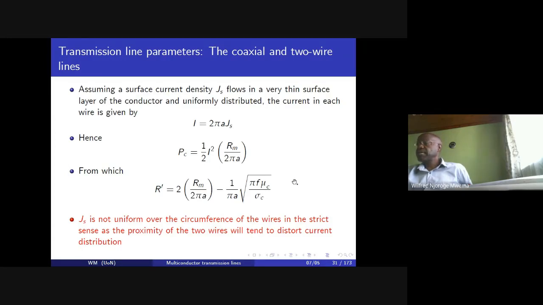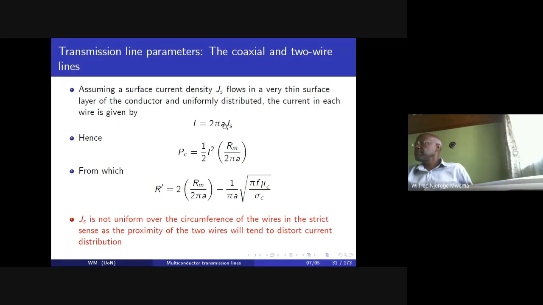They'll start to interact and then they'll push the current distribution, or the current will try to congregate nearer the faces that are facing each other in the two wires, and therefore the Js will not be uniformly distributed as we have talked about.